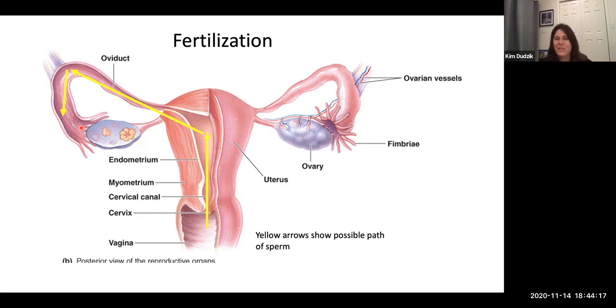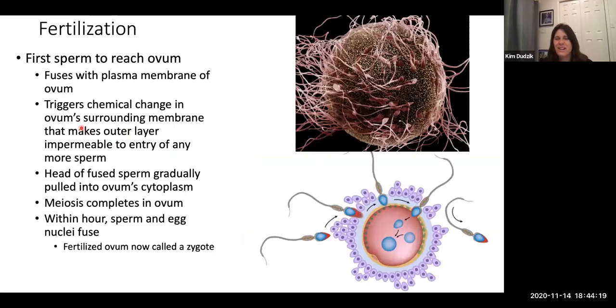Alrighty, so with fertilization occurring, let me move my picture there. Several sperm are necessary for fertilization to occur, but only one sperm fertilizes. Here's what I mean by that.